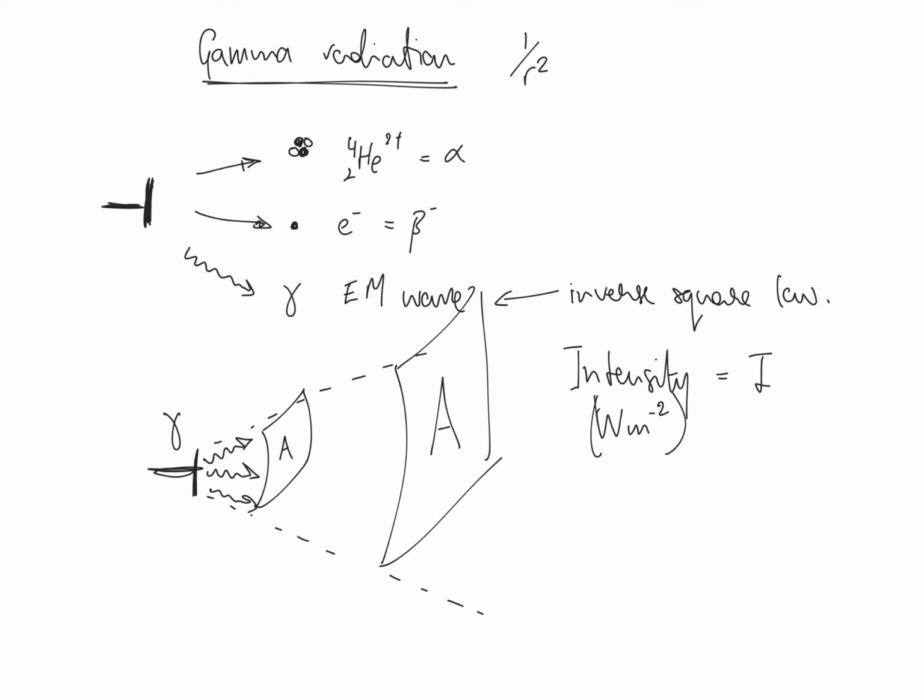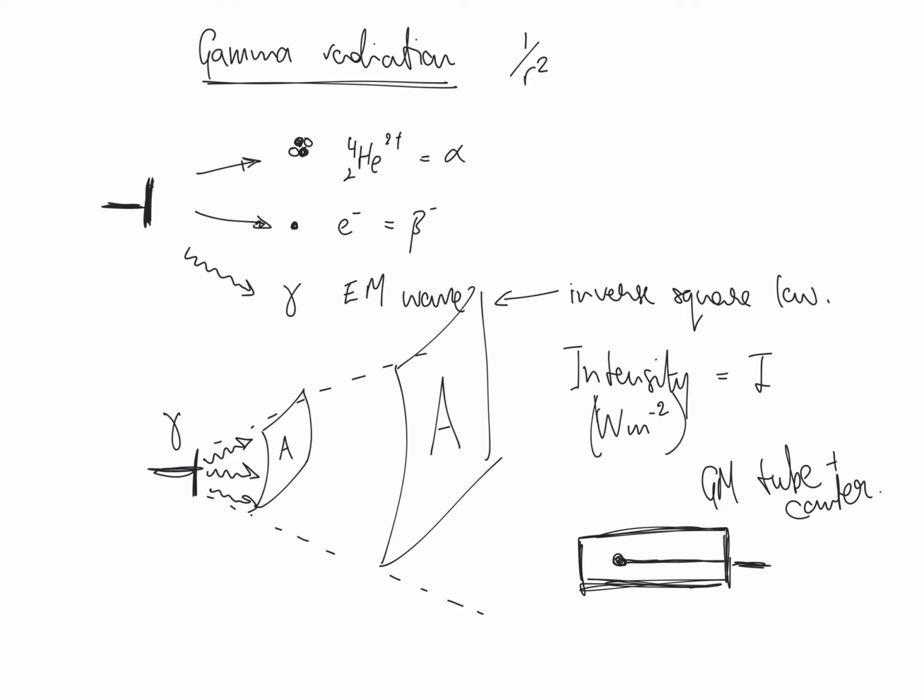However, the only way that we're going to work out how much is coming out is by using a Geiger counter. And I'm sure you can remember the look of a Geiger counter, or a GM, Geiger-Müller tube, plus counter. This entire thing here is a Geiger-Müller tube.